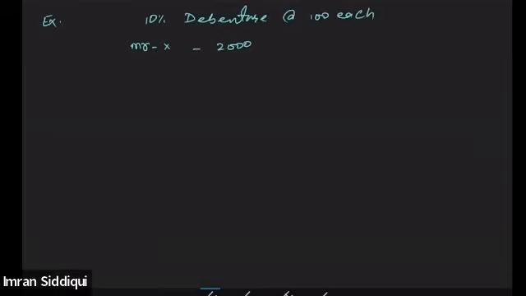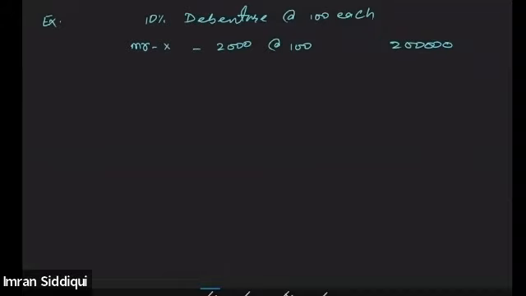In that case, Mr. X must have invested 2,000 into 100, that means 2 lakh rupees in the company for buying the debenture. The interest rate, 10%, is payable on this amount.